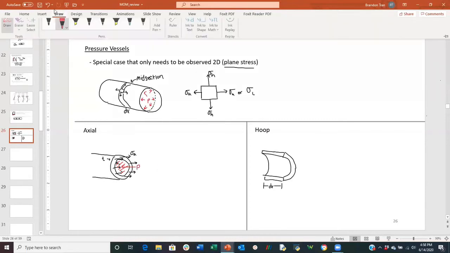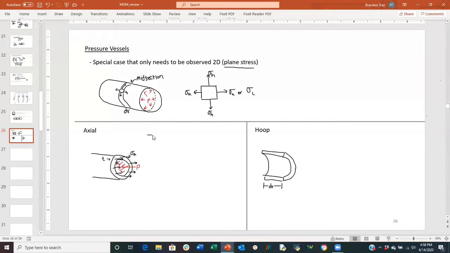Now we do the free body diagram of this. So we sum forces in the axial direction. The axial stress can be written in force terms by multiplying it by the circumference of the pressure vessel. The radius is typically a nominal radius, since the thickness is much smaller than the radius of a pressure vessel.